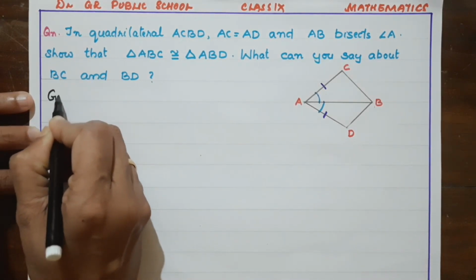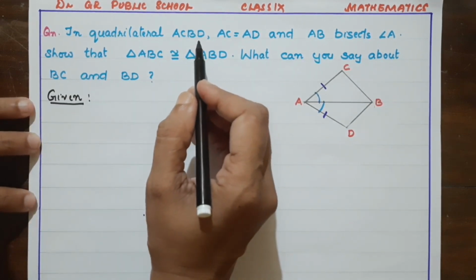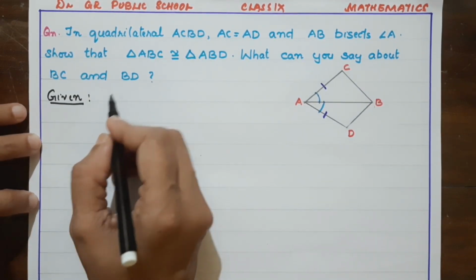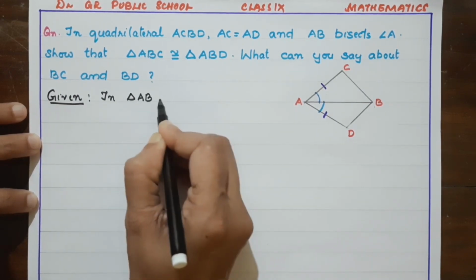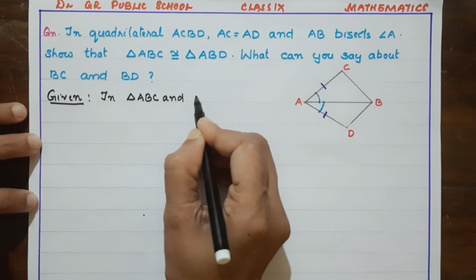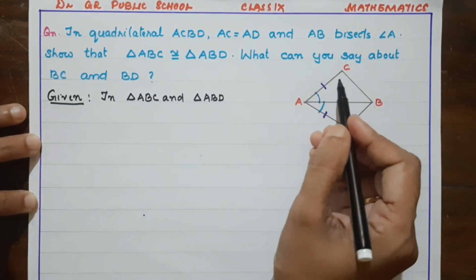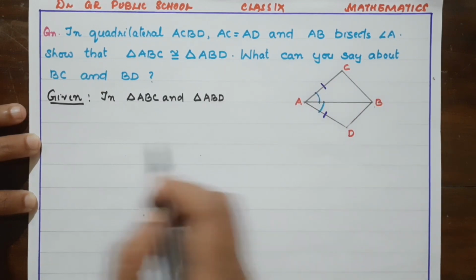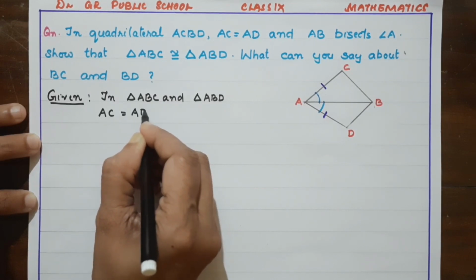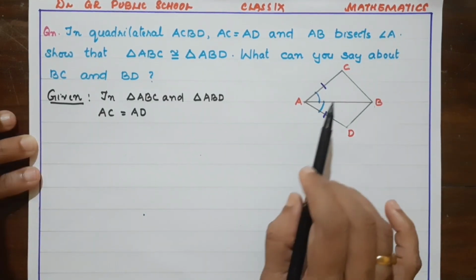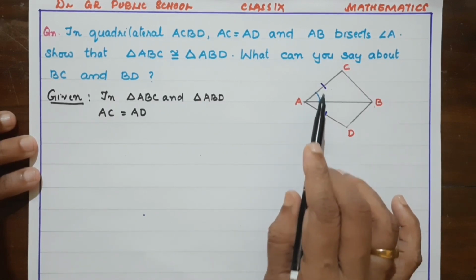Given: in triangle ABC and triangle ABD, what is given? AC is equal to AD. We can write AC is equal to AD. Then from these two triangles we can have one more equality, the equality of these two angles.